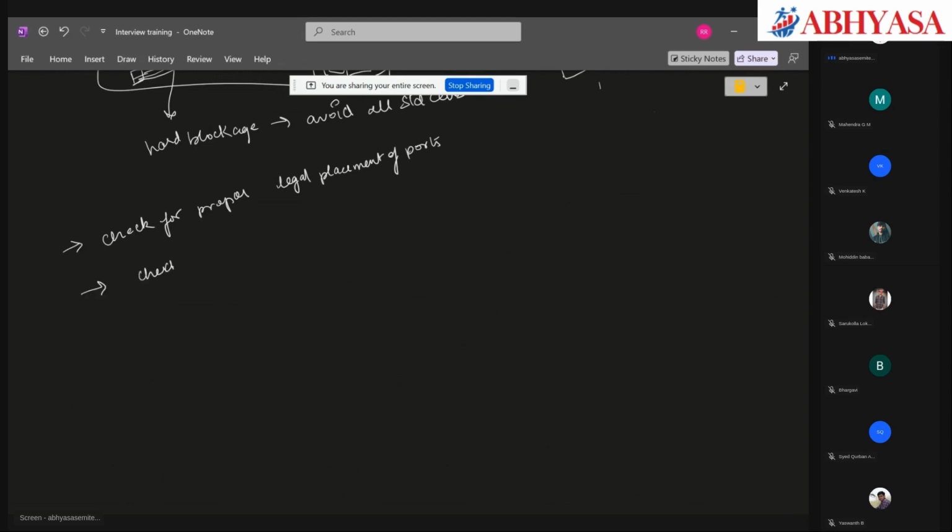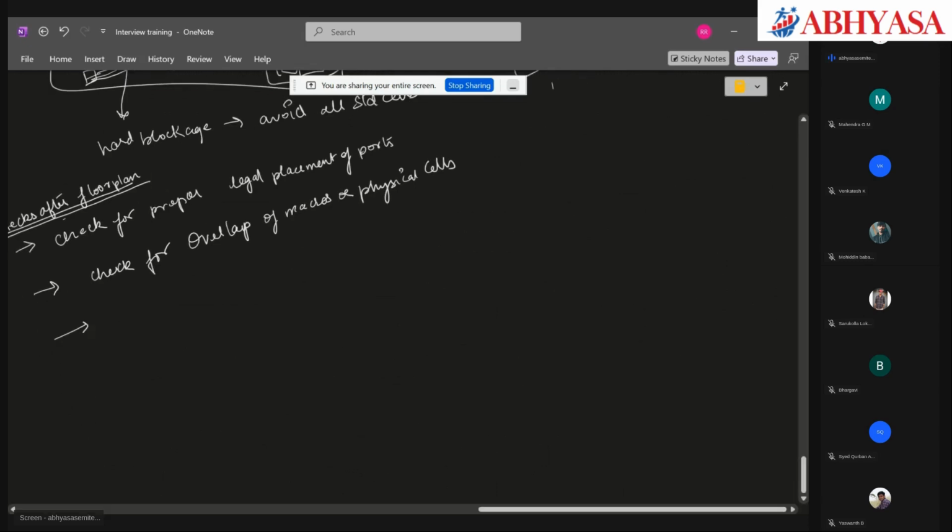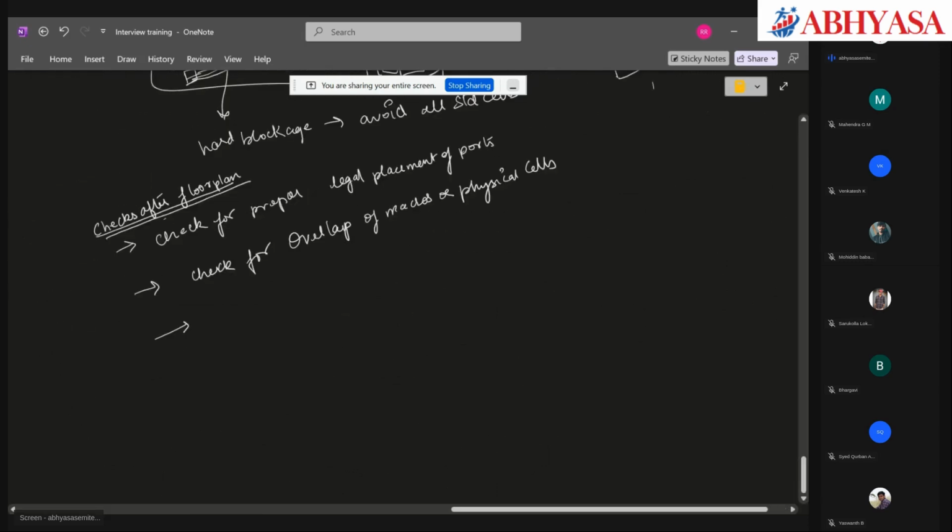Check for overlap of macros or physical cells. Right? What else is there? Checks after floor plan. By floor plan, we mean power plan also included, because physical cell placement will happen in power planning only. So check for overlap of macros or physical cells, right?